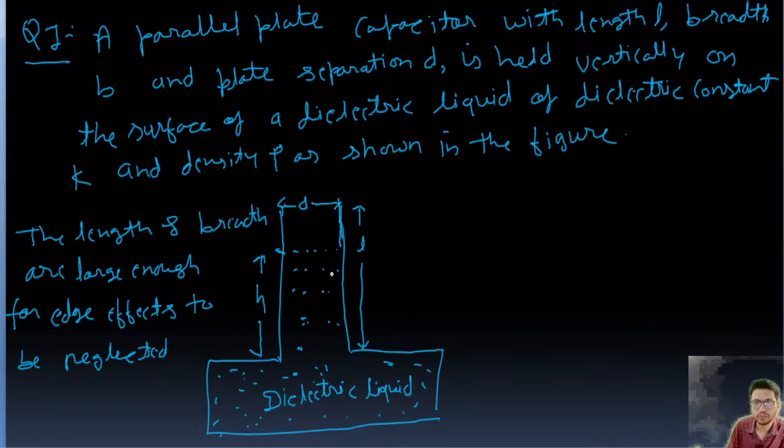Now V is volume, so this is the height h, and the rectangular plate has a breadth b, and the thickness is d. So we know that the volume of this cuboid is height into breadth into thickness, that is h b d.